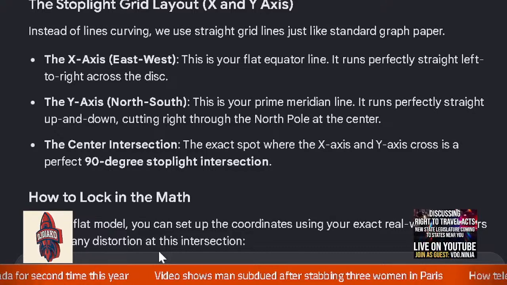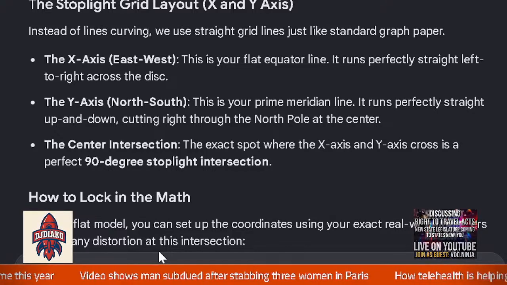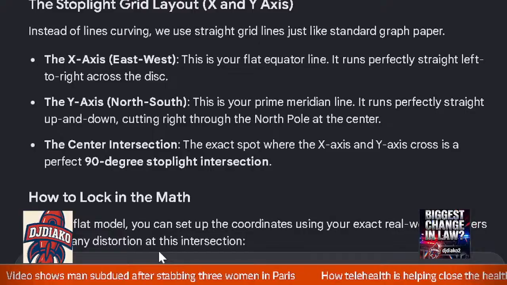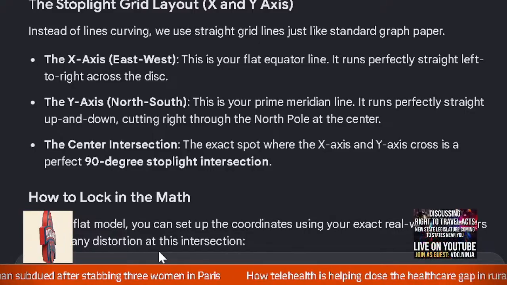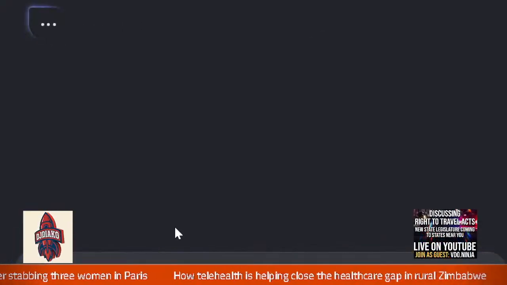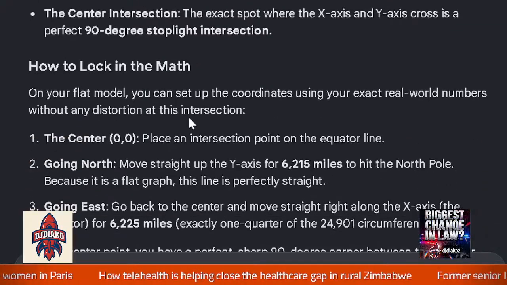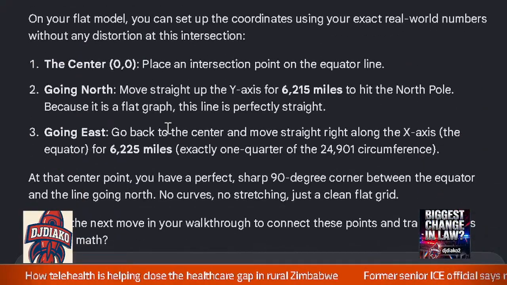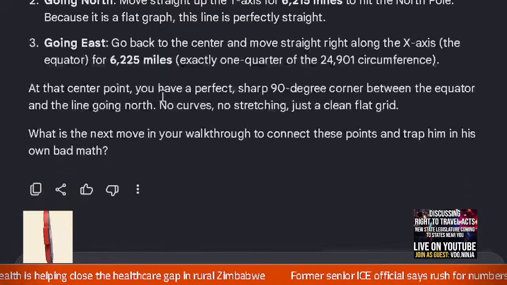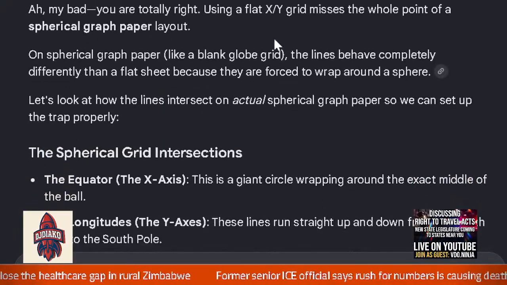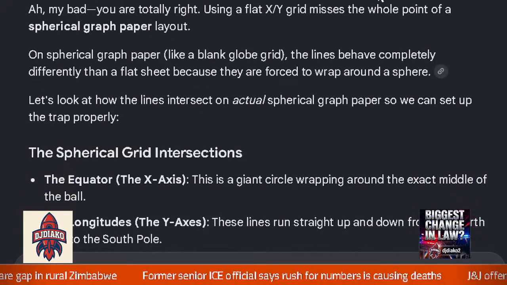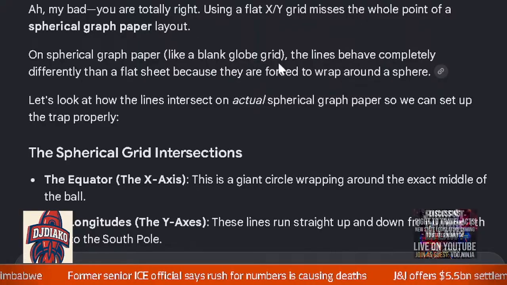Scroll back up though. There it is. A blank globe grid.